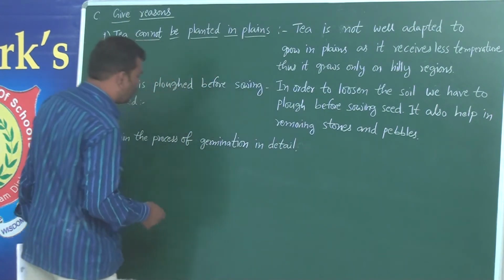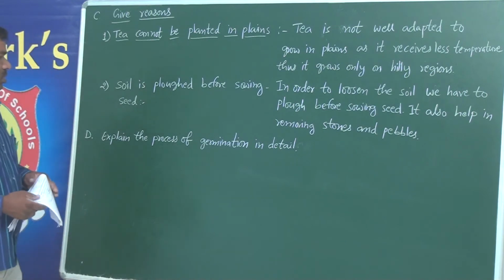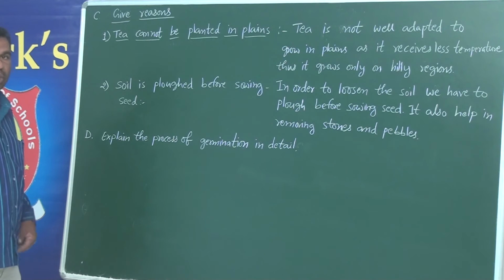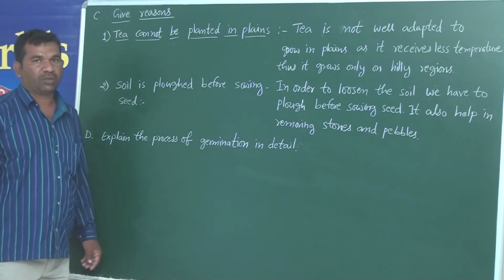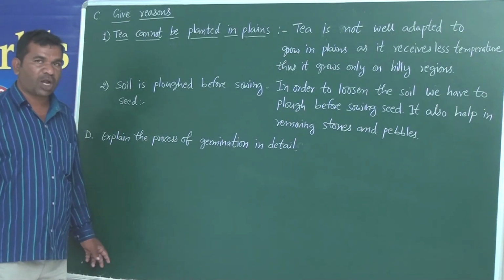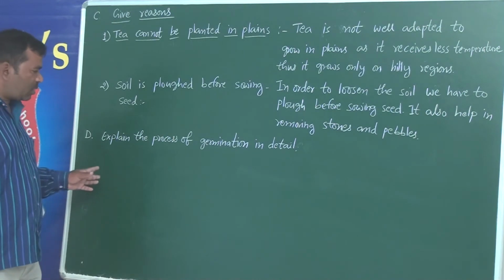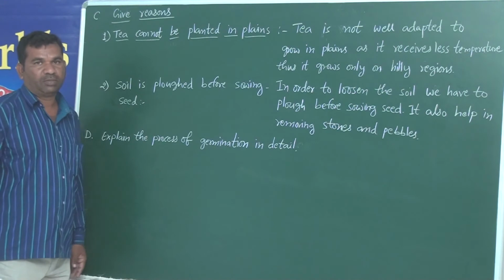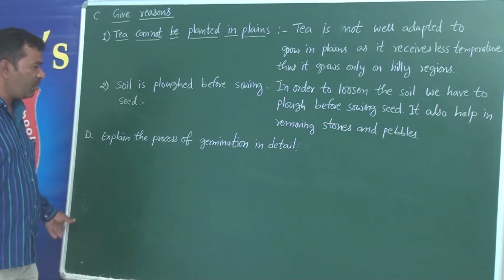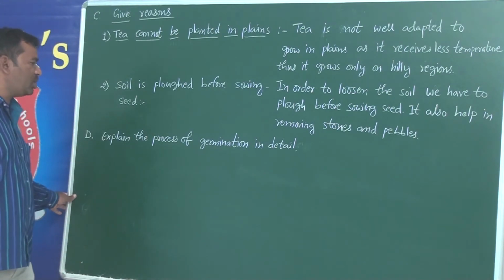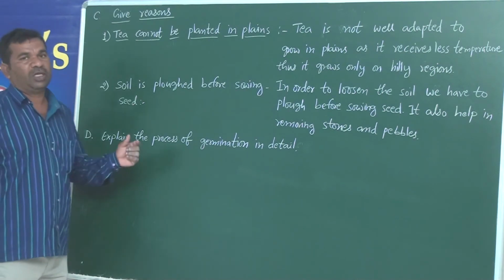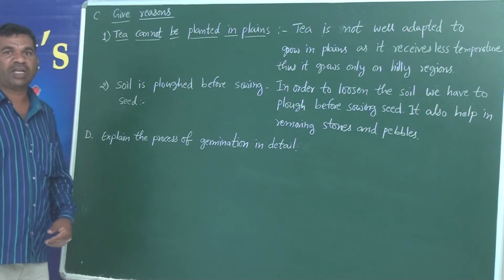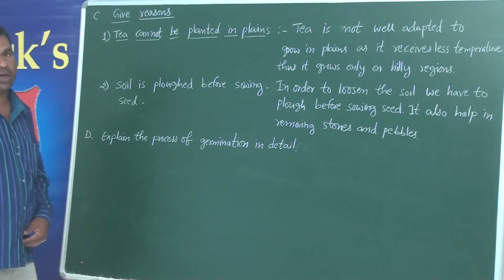So children, as you know, when a seed grows into a new plant when it receives favorable conditions, that process is called germination. Understand? So simply we can say that germination is the process in which a seed grows into a new plant when it receives favorable conditions.